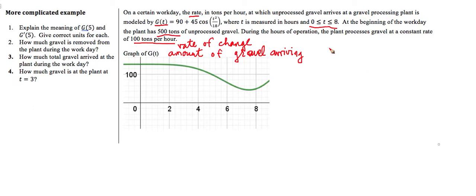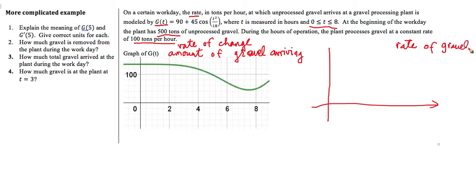Now, let me draw you a second graph here. This would be the rate of gravel being processed. Okay. So G of t here represents the rate of change of the gravel that is arriving unprocessed.